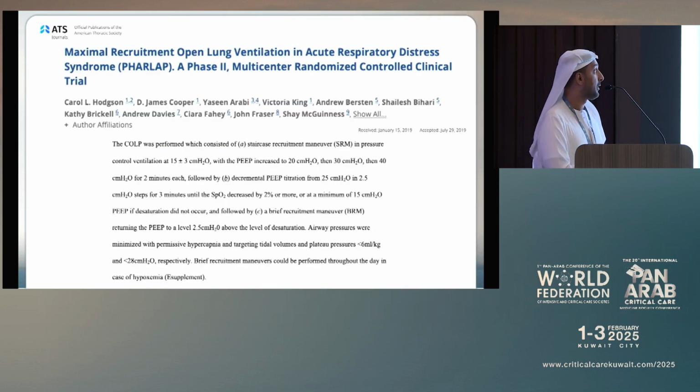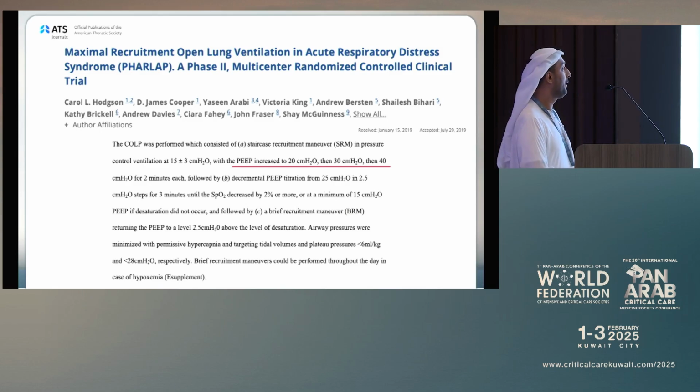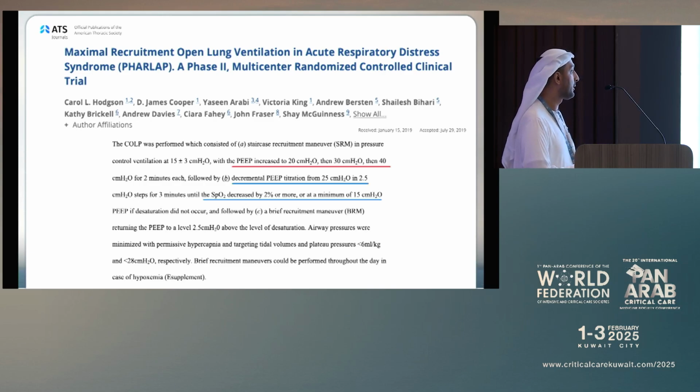Another big trial at the same time, done by some people who are here on the other side, in adults, Yaseen Arabi and John Fraser. They increased the PEEP to 20 centimeters, then 30, then 40, each for 2 minutes. Then they decreased the PEEP from 25 by 2.5 every 3 minutes until the saturation dropped by 2 or they reached 15 centimeters.